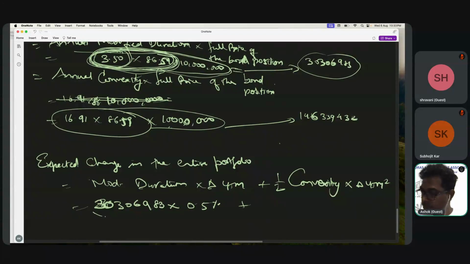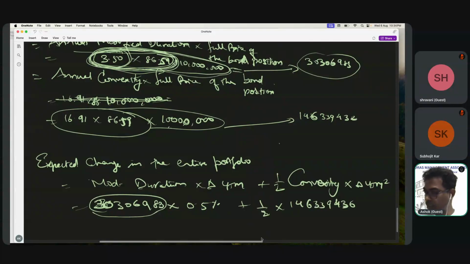Just like in returns, how do we annualize returns? Similarly, we are taking duration for the entire portfolio. Plus half of convexity, 146,339. Because the number is too big, it looks a little scary, but it is just like returns.